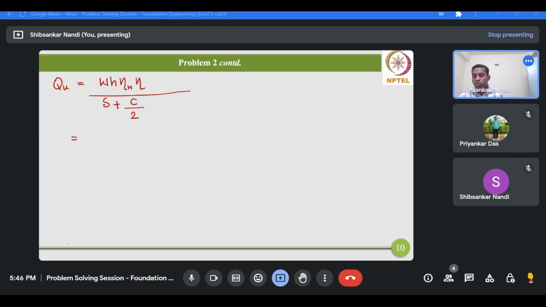Now these parameters are, W, this is the weight of hammer in ton, 3.5. H is the height of fall of the hammer in centimeter, 300 centimeter. Beta H, this is the hammer efficiency given as 0.8.